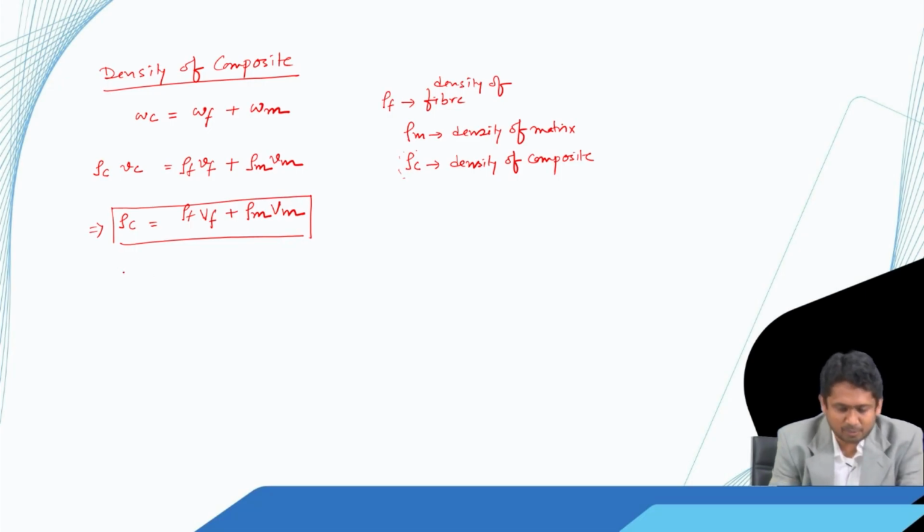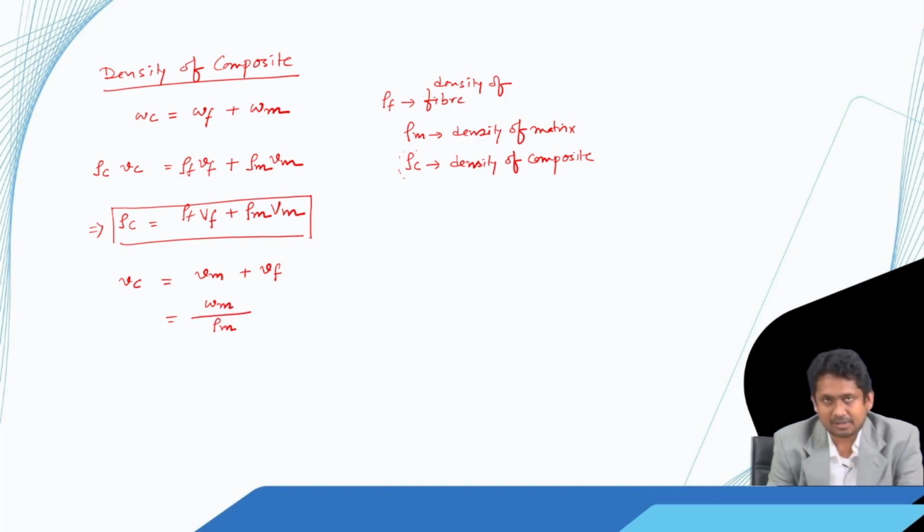Now, we can derive the same quantity in terms of the weight fractions. So, for that what we can do is we can define the composite volume as V m plus V f, and then the volume of the matrix is mass of matrix divided by density of matrix, and we have volume of fiber as mass of fiber divided by density of fiber.